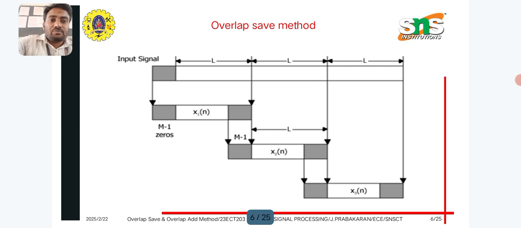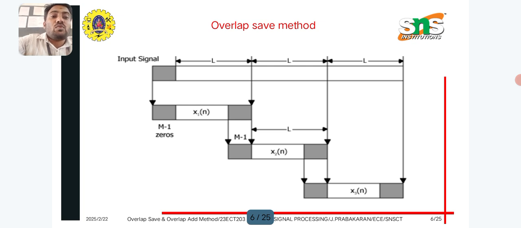Here you can see the steps, the algorithm used in the overlap save method. The input sequence is subdivided into three blocks: x1 of n, x2 of n and x3 of n. For the first subblock, add m minus 1 zeros and assume the new data length L. This forms x1 of n.